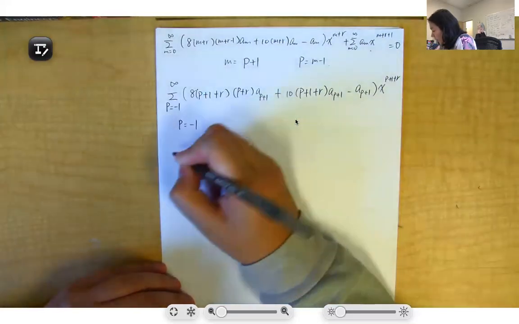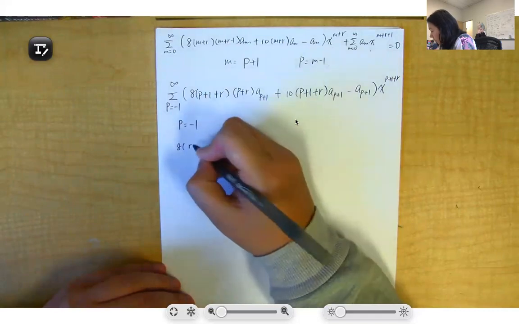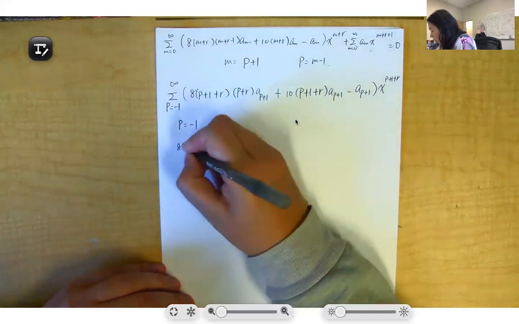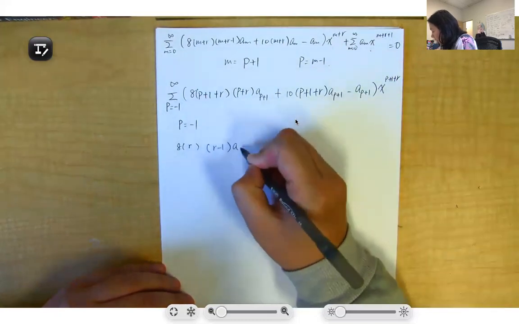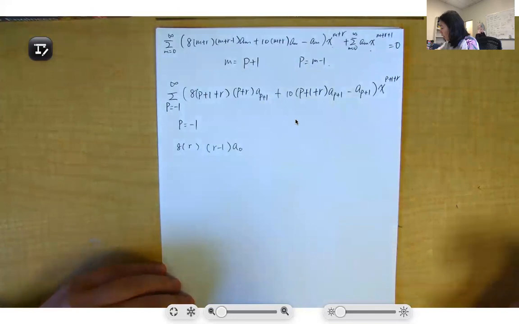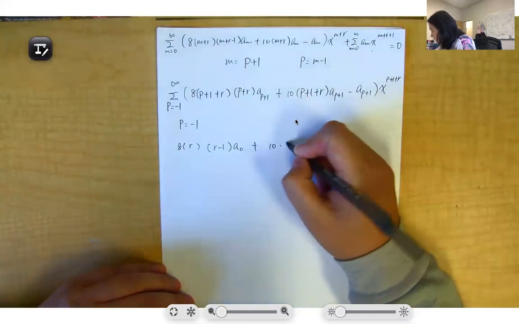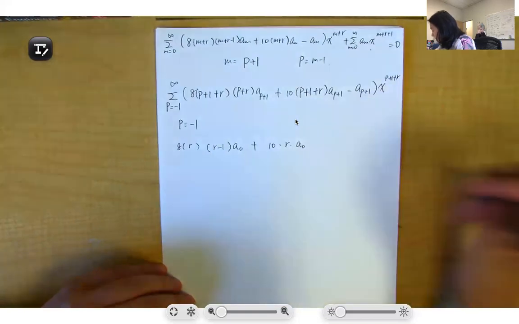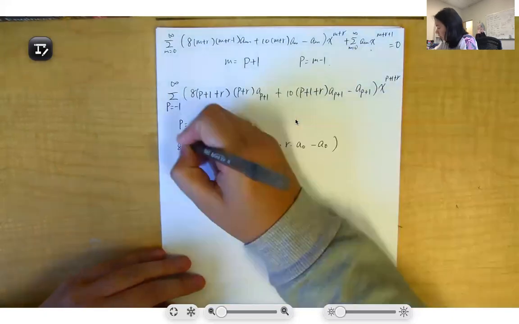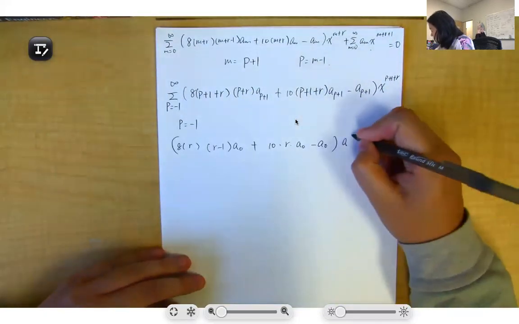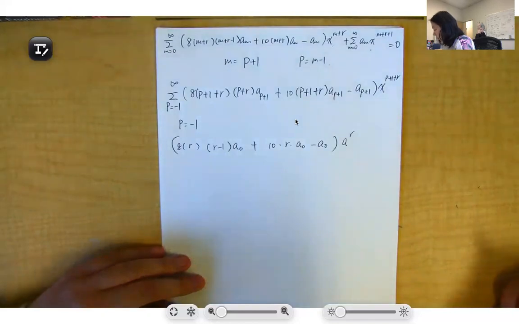So when p equals minus 1, what does this term equal to? That will be 8 times r, right? So it's 0 plus r is r, and r minus 1, a_0, plus, for p equals minus 1, 10 times r times a_0, minus a_0, times the overall x to the r.